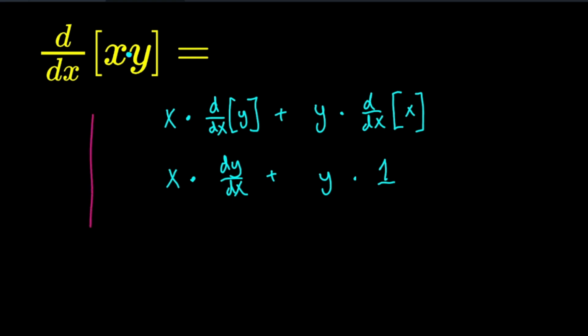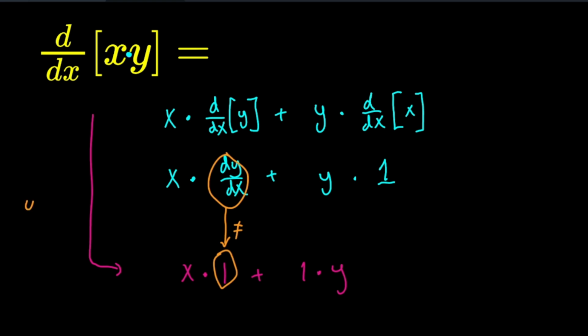So can you see why somebody might erroneously think that the derivative of x times y with respect to x is x times 1 plus 1 times y? Most of that is okay, but the derivative of y with respect to x, this one, is not 1. But this right here is a very common mistake.